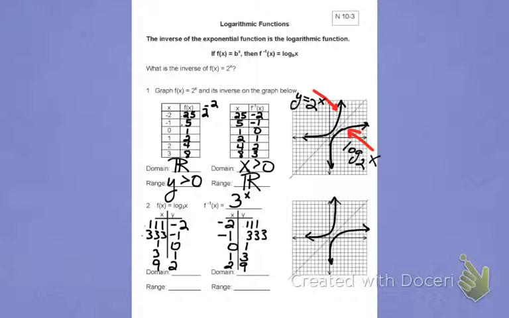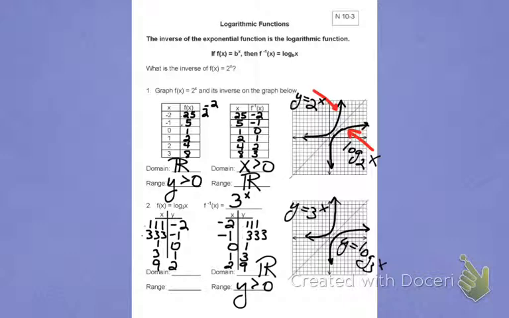Alright, so there are the two graphs. This is y equals 3 to the x, and this one is y equals log base 3 of x. The domain of the exponential is all real, and y is greater than 0.